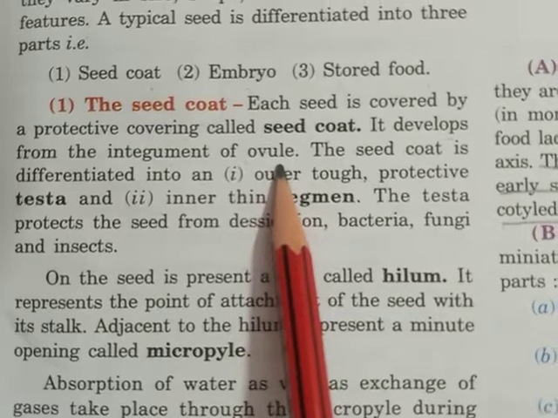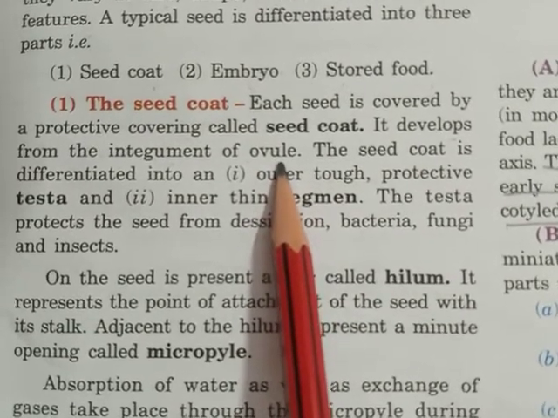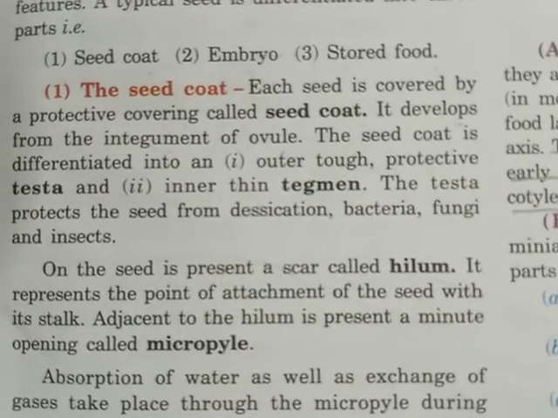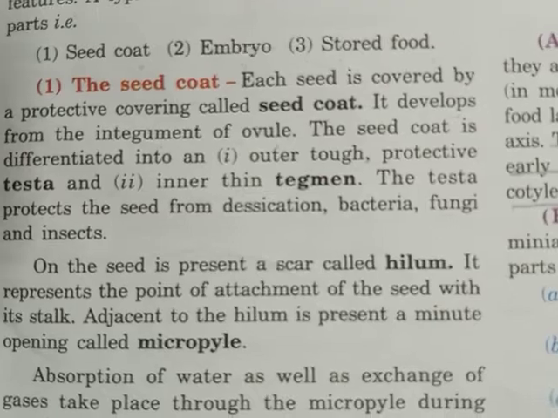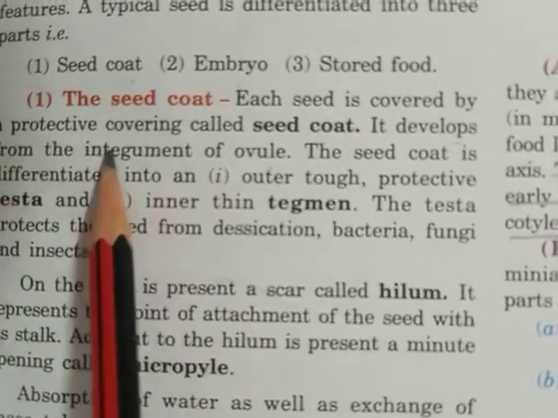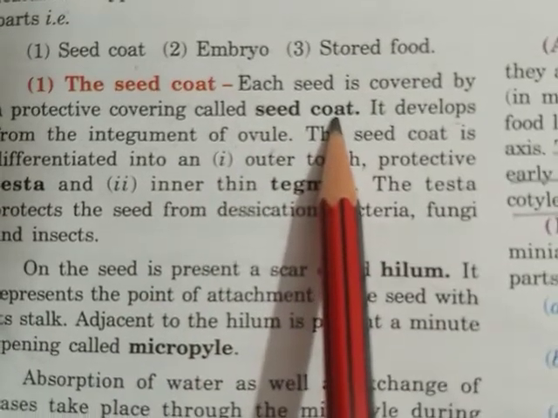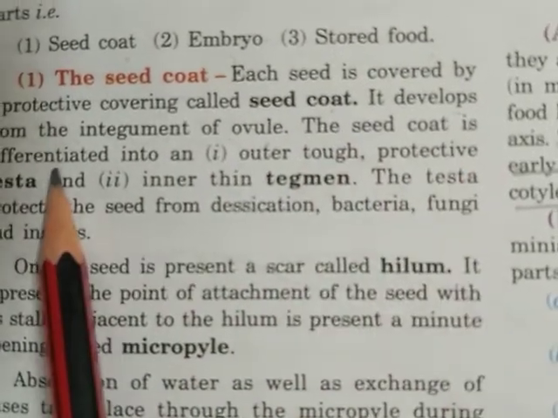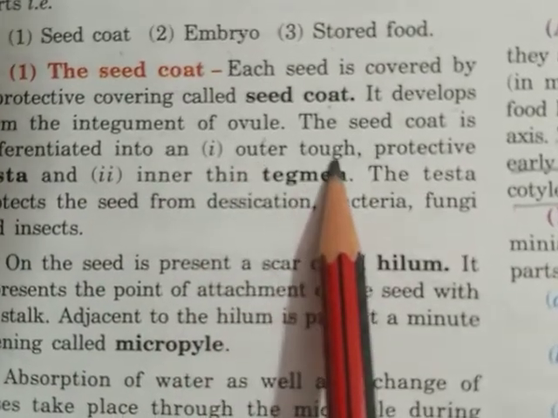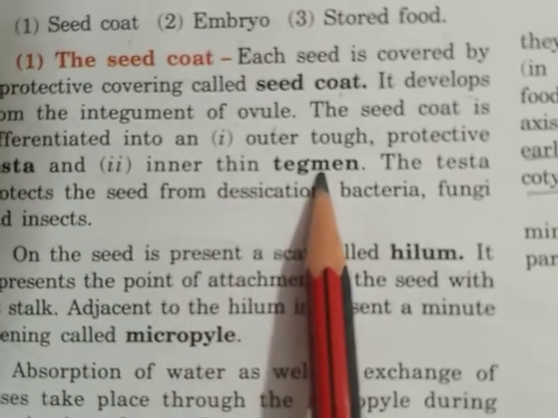See children, when we were studying the structure of ovule, we have seen that the ovule is surrounded by two layers. And these two layers are known as the integuments. These integuments form the seed coat. The seed coat is differentiated into an outer tough protective testa and an inner thin tegmen.